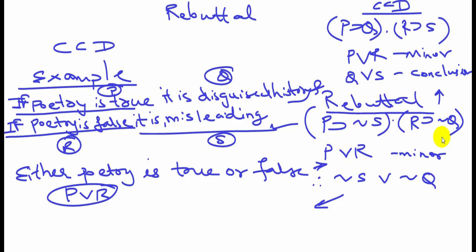The conclusion will become not S or not Q. So not S means it is misleading. So we have to write it is not misleading.